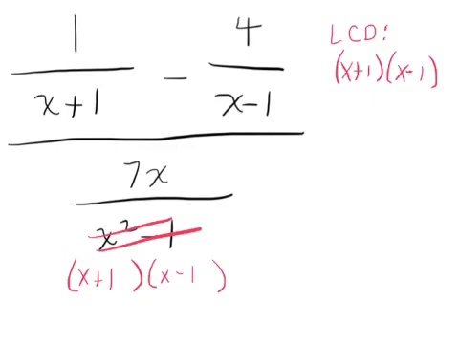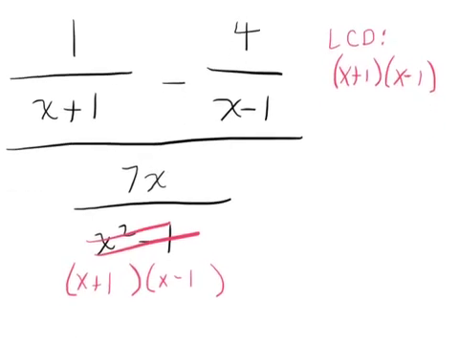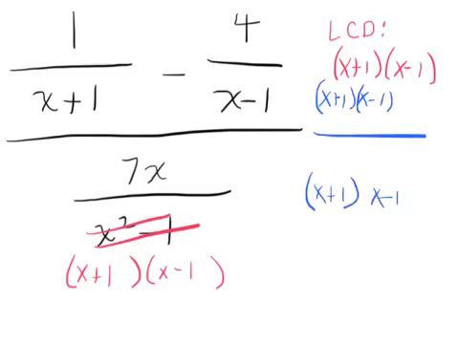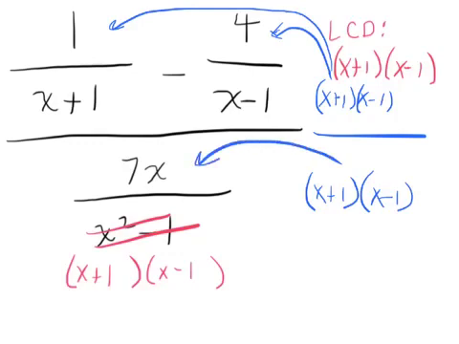So let's go ahead and distribute that to each of these terms. What I'm going to do is x plus 1, x minus 1, all over x plus 1, x minus 1. Distributing here and distributing here. This one just goes right here.